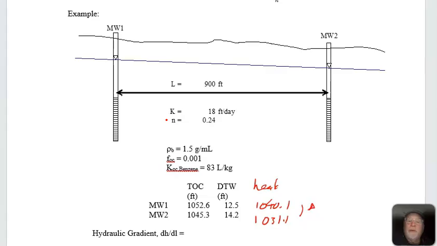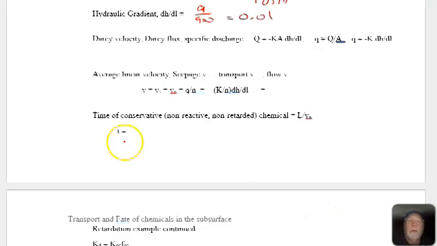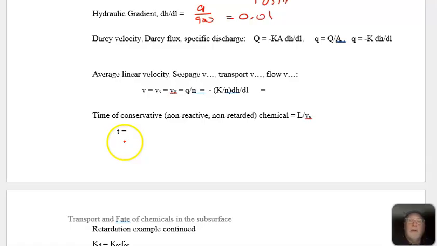So it drops 9 feet. And the hydraulic gradient is the 9 feet it drops over the 900-foot distance, which equals 0.01.